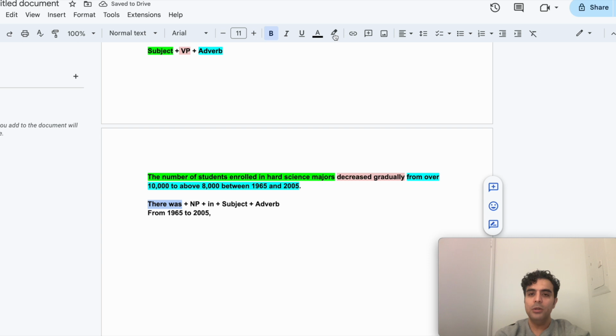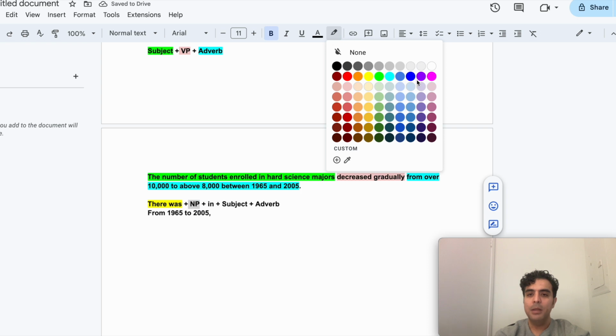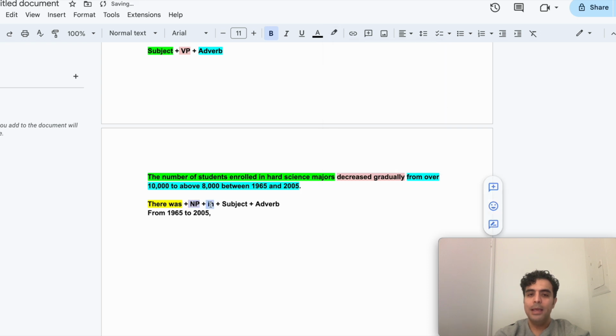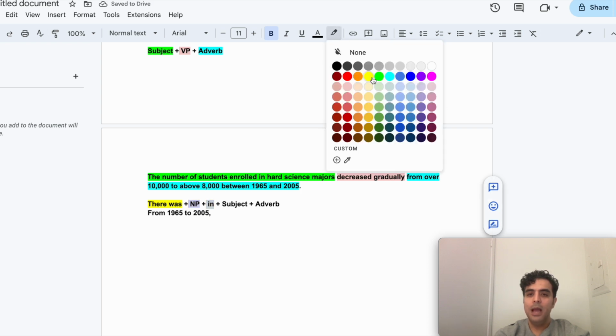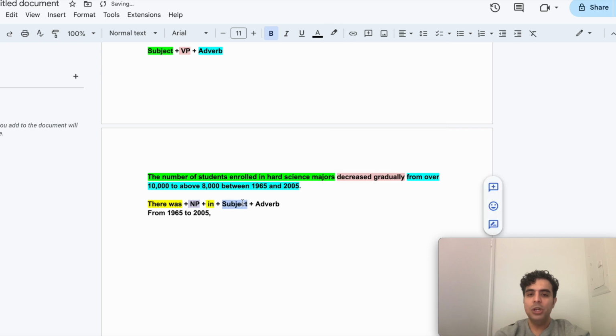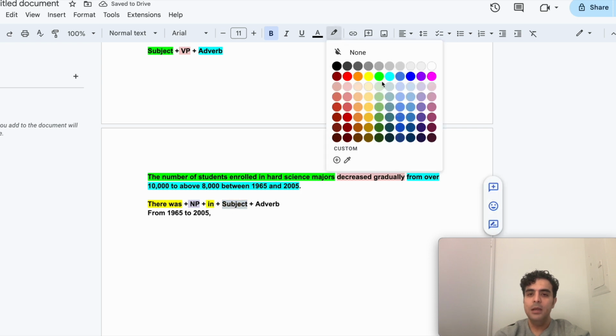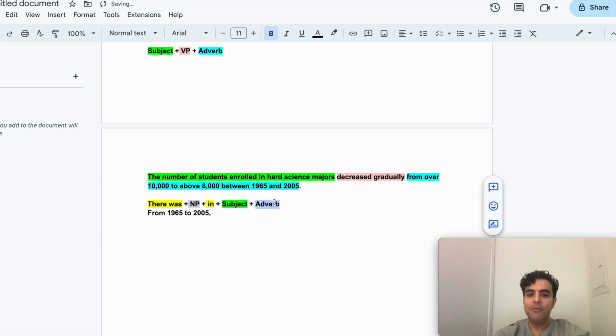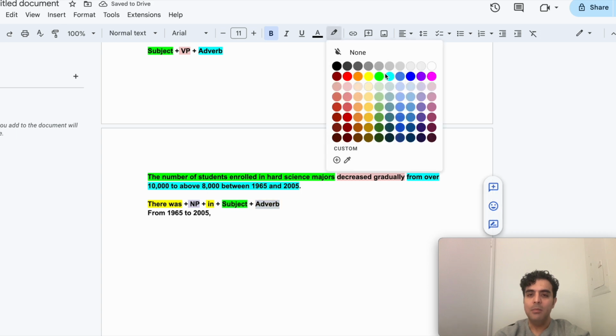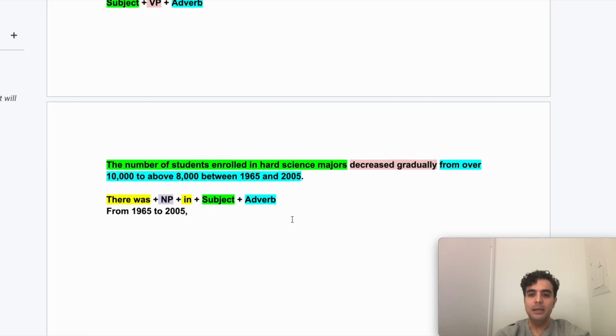So if we want to color code, again, we have yellow, the noun phrase, we're going to highlight in, I believe it was purple, in is yellow, subject is green, and then the adverb at the end will go with the same color we've been using consistently.